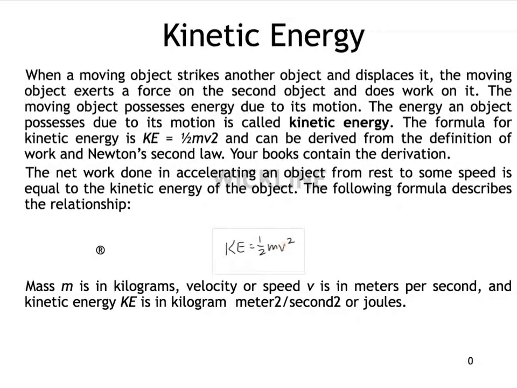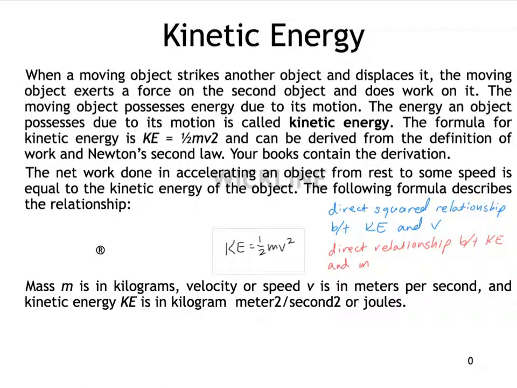So velocity is one that you would probably guess anyway, but kinetic energy is going to be 1/2 of the product of mass and velocity squared. So this is going to be a direct squared relationship between the kinetic energy and the velocity of the object. But between the kinetic energy and the mass, it's simply a direct relationship. So that's pretty much the equation.